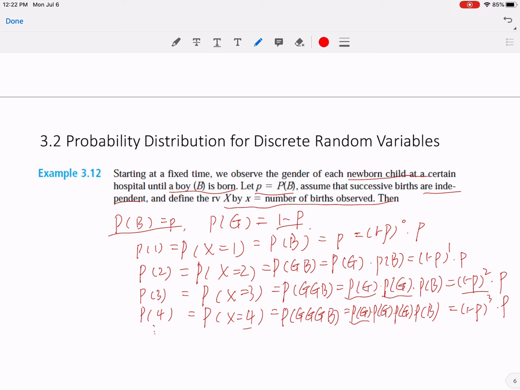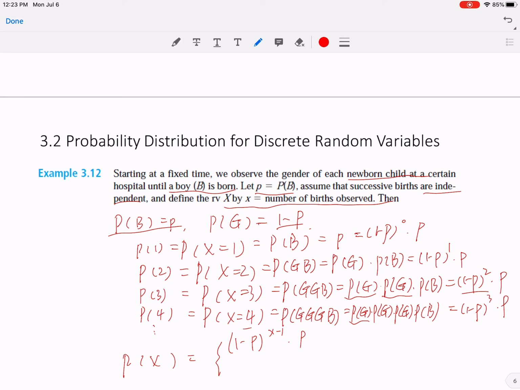Now we can put it in a general form: the PMF p of x is equal to 1 minus p to the power of x minus 1 times p. The power of 1 minus p here is always the value of x minus 1, based on what we got from the induction here.